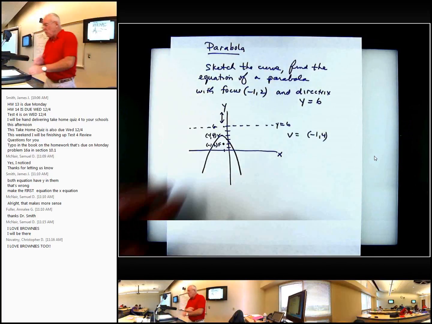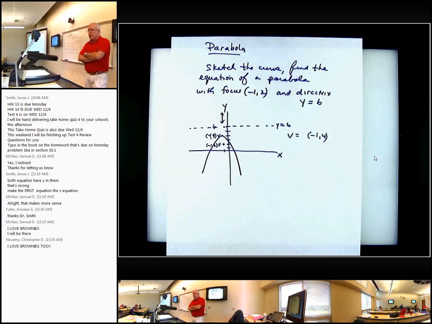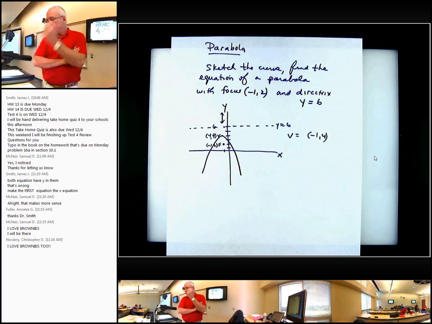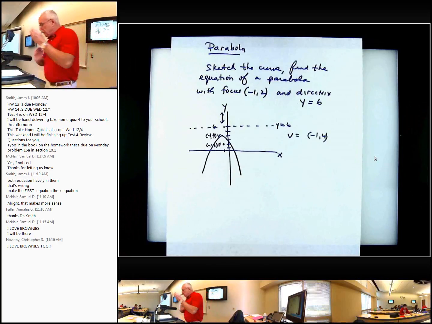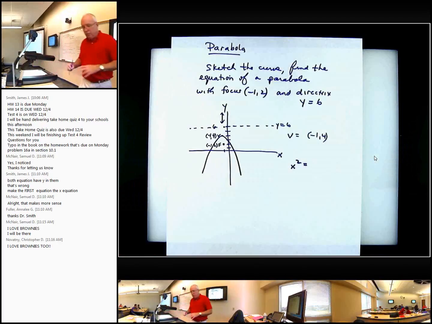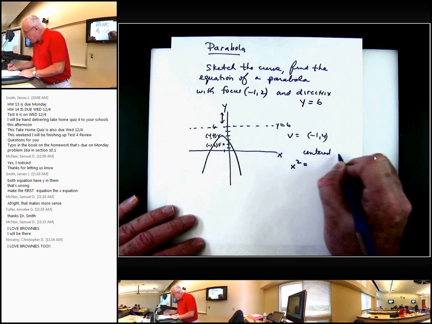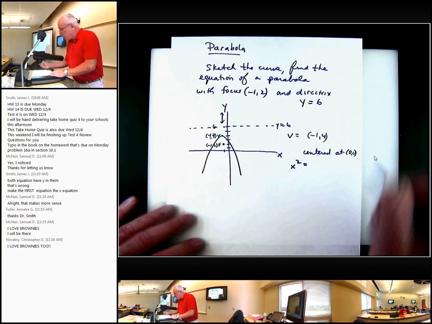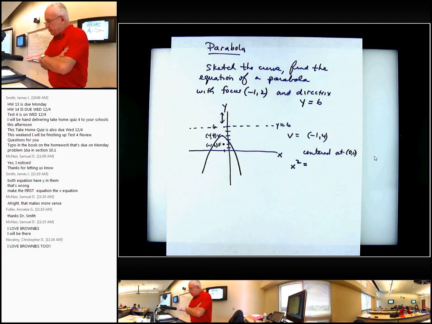Now, when it's vertical like this, the y values are going to get big compared to the x values.